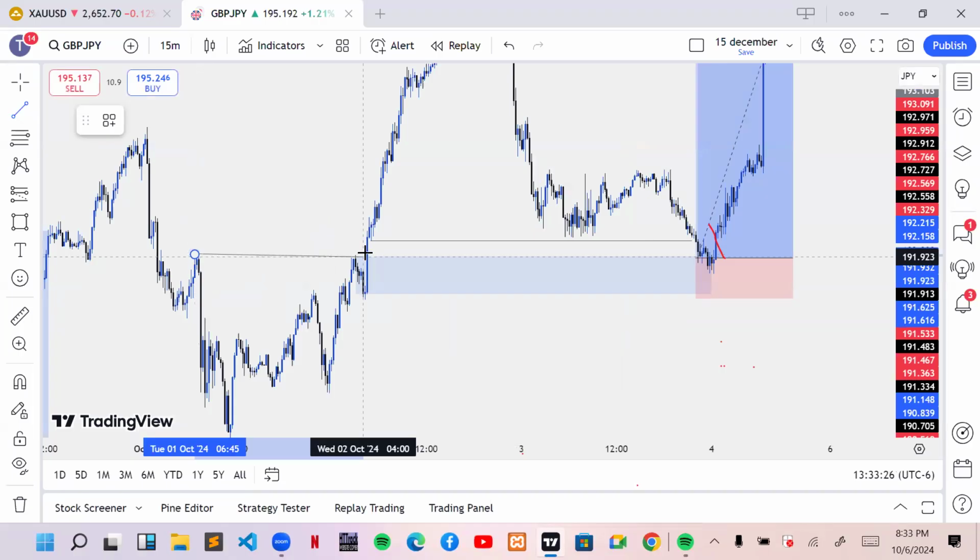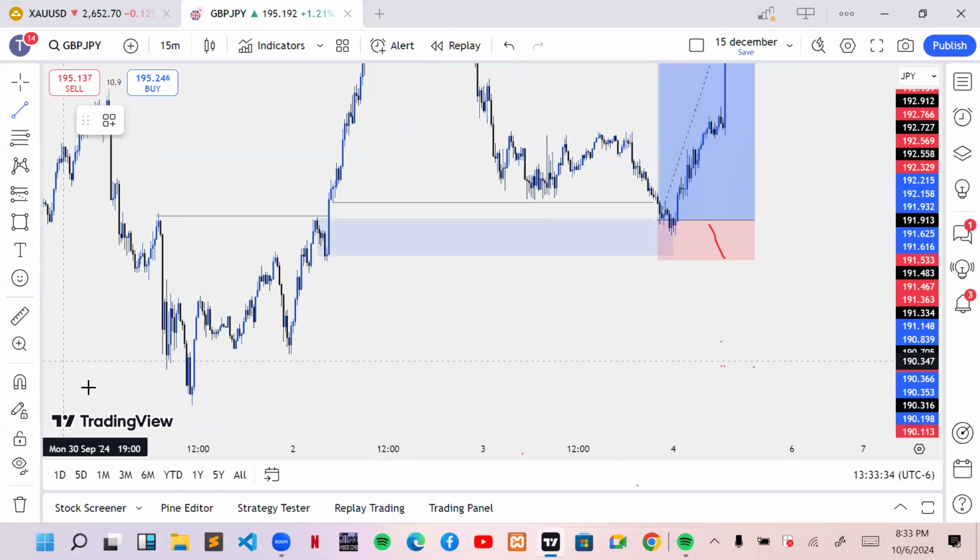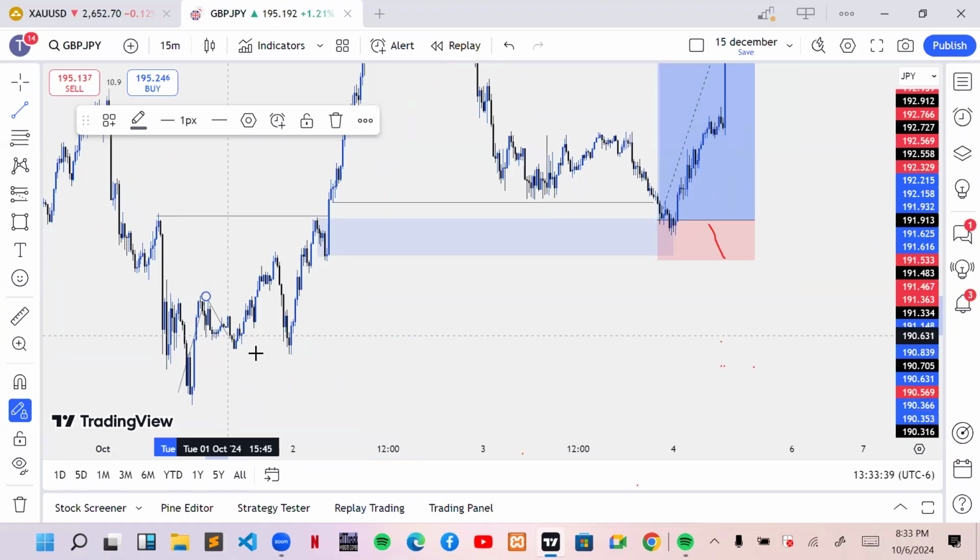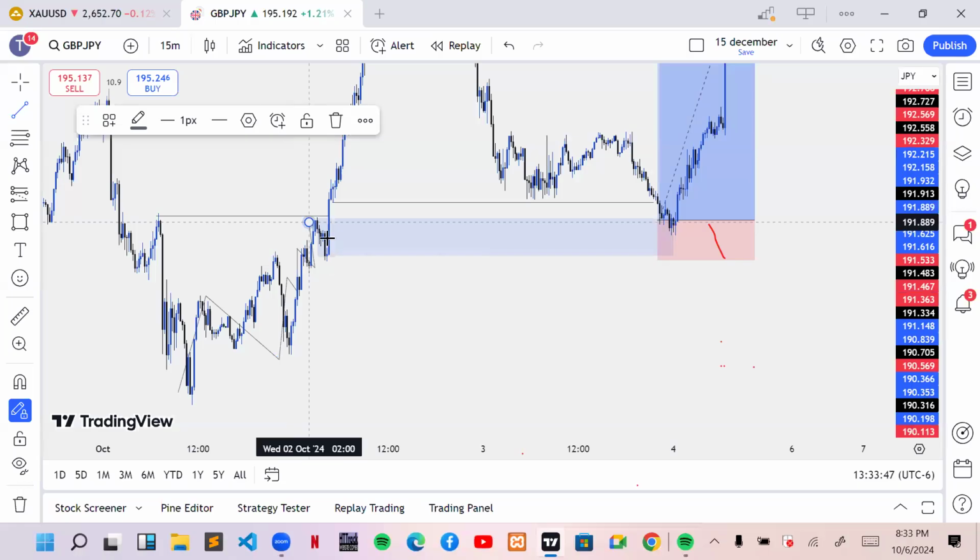Then the market was making higher highs and higher lows, which you can clearly see from this. Then what did it do? It broke past this key level being a resistance zone, but it still broke past it while maintaining the uptrend that it was on before.